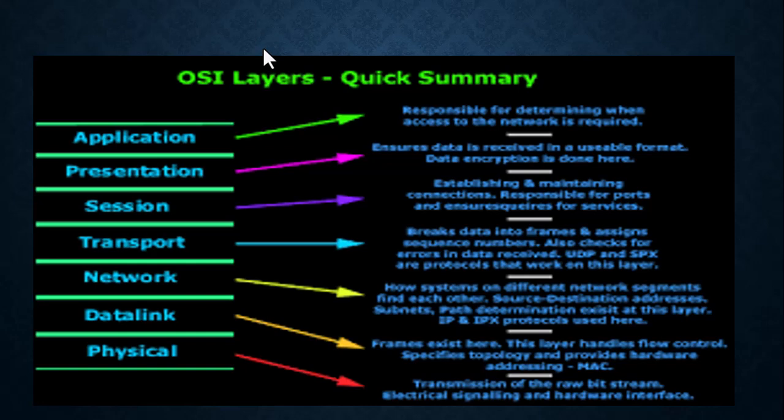It allows the upper layers to access the media using techniques such as framing, and it controls how data is placed on and received from the media using techniques such as media access control and error detection.